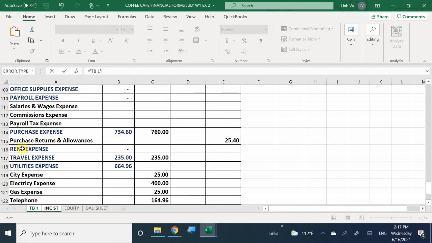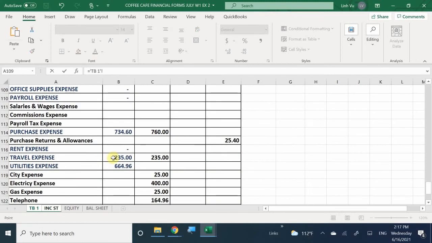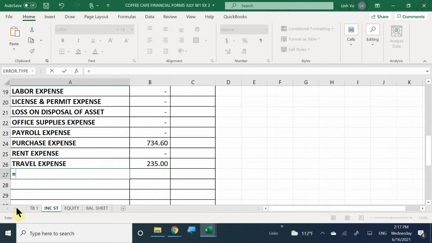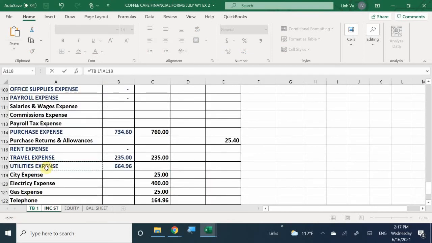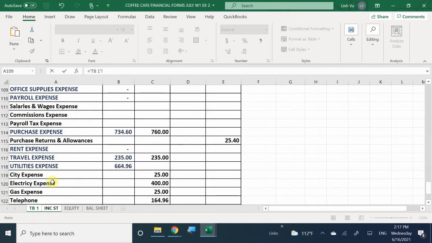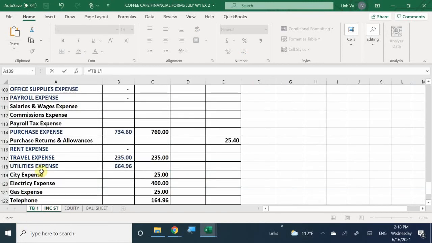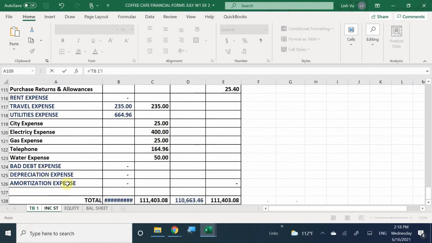What's after that? Did you get travel? Travel expenses, and utilities. How much was travel? 235. How much is utilities? 664.96. And what else?